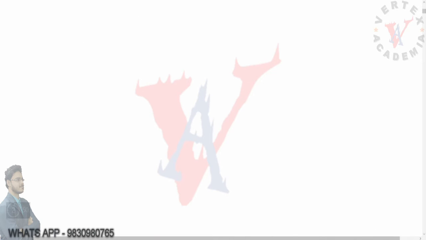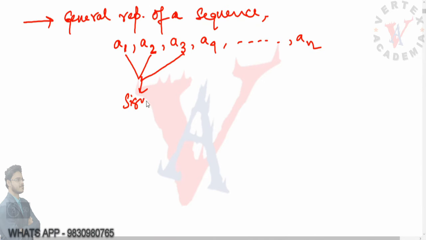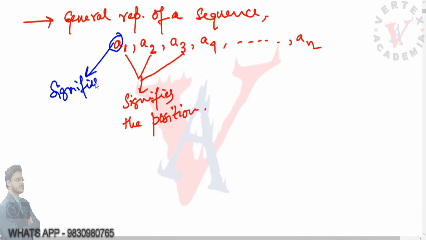Now, the general representation of a sequence looks like A1, A2, A3, A4, up to AN. Here the subscripts 1, 2, 3 signify the position, and the A signifies the value.